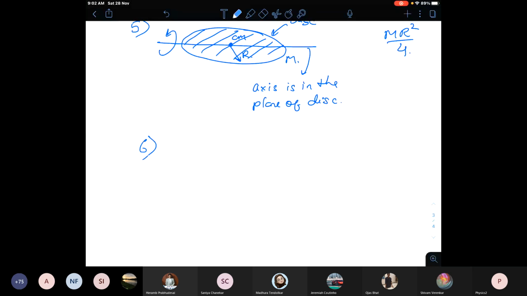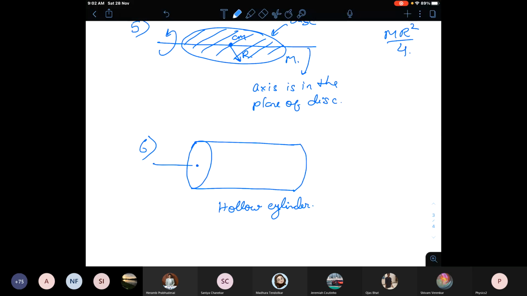Next is the 6th. This is a hollow cylinder, and the axis is passing through it like this. Let's draw it, no problem.